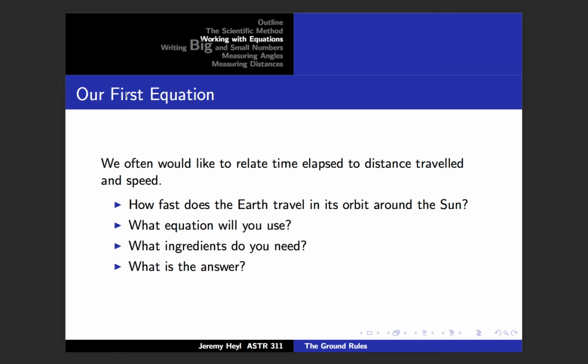Okay, so what's this thing, the radius that we would use? We talked about it last time. It's just the distance between the Earth and the Sun, or the average distance, right? So we talked about last time, it's 150 million kilometers.